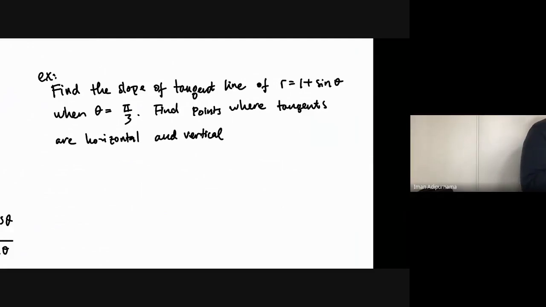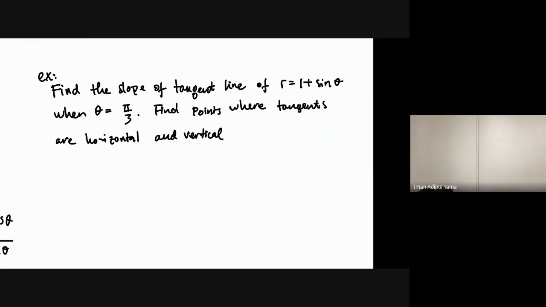Okay, first to find the tangent, you need to just input the formula for dy over dx, right? We have the r here, so you know dr over d theta from here, right?